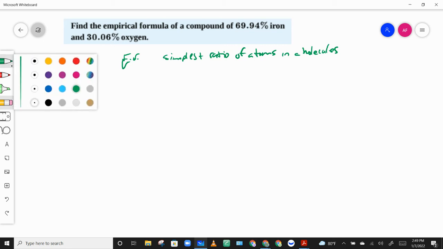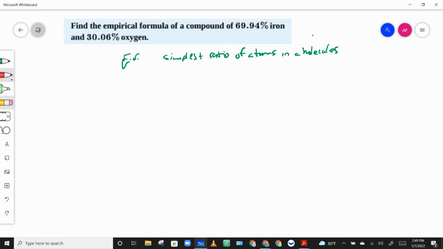So there's a couple of different steps here. Step 1 is really simple. We just take the percentage and we change it to grams. All we do is just change the actual sign. So we have 69.94%, and we're just going to change that percent sign to 69.94 grams.